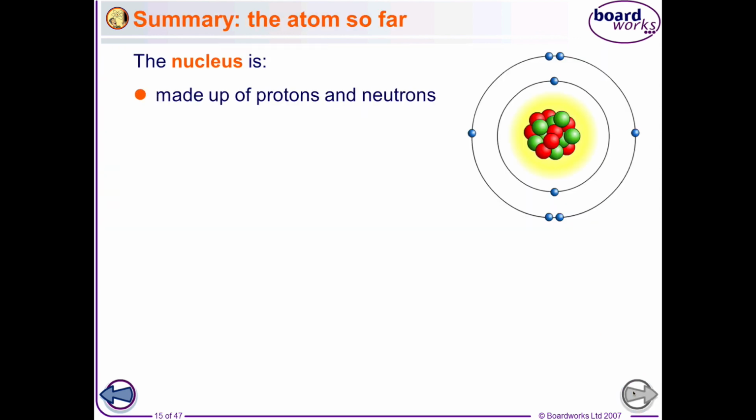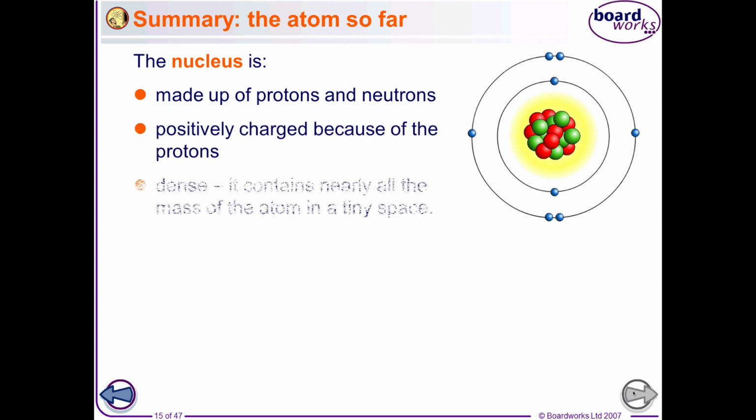Right, this is what we should know so far. The nucleus is made up of protons and neutrons. It's positively charged because of the protons, and it's very, very dense because all of the mass of the atom is concentrated in the nucleus. Remember earlier we said that electrons have no mass, so therefore all of the mass of the atom is basically contained within that nucleus.